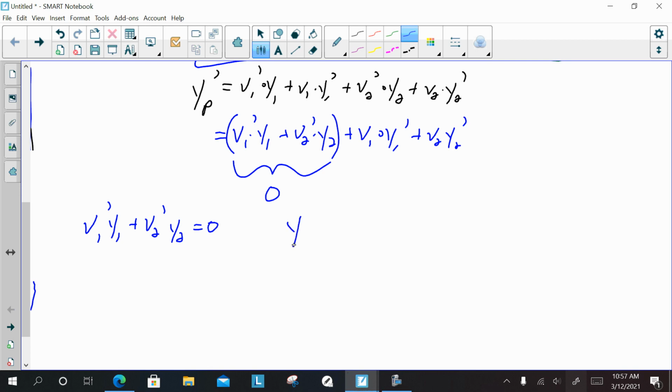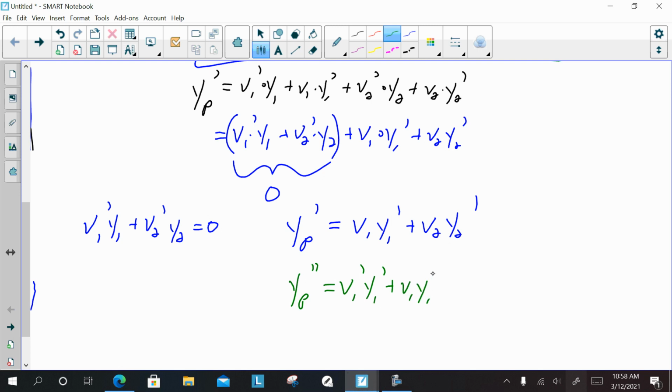So if that's the case, then Y prime is just V1 Y1 prime plus V2 Y2 prime. So now when we get our second derivative, it's the derivative of the first term, so V1 prime Y1 prime, V1 Y1 double prime, V2 prime Y2 prime, V2 Y2 double prime.